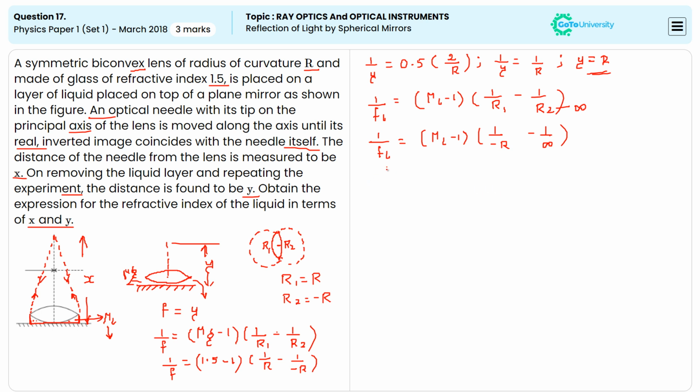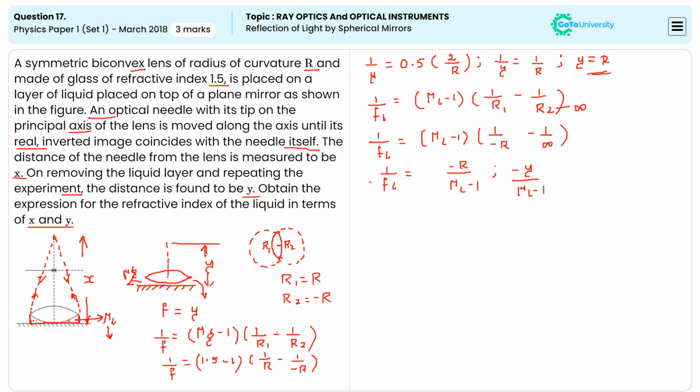Then 1 upon FL is equal to minus of mu L minus 1 divided by R. We know that R is equal to y. Then 1 upon FL is equal to minus of mu L minus 1 divided by y.